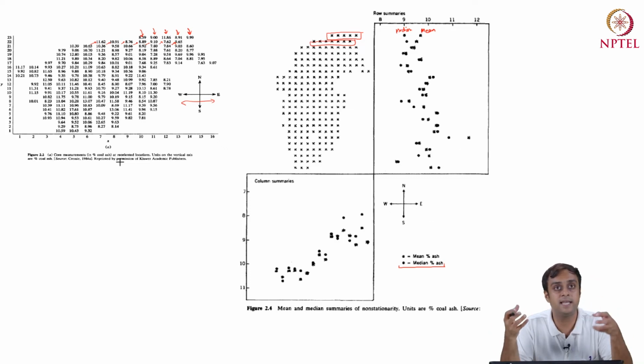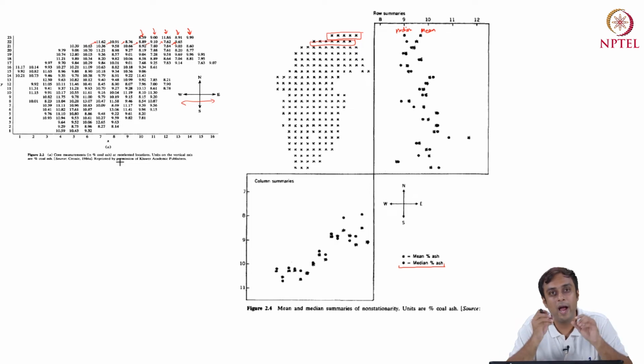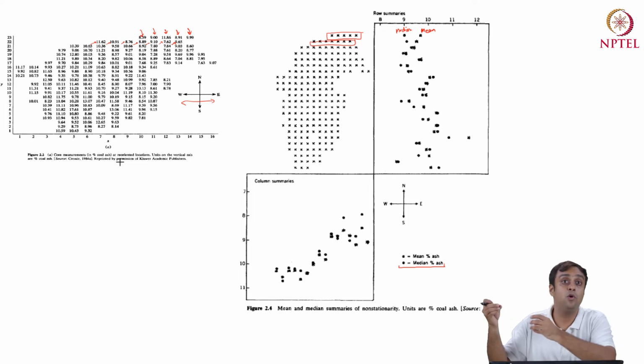So 11.86 indeed is a value which is quite peculiar or different and quite large, given that it's right beside these values on the same row where we are sampling coal.